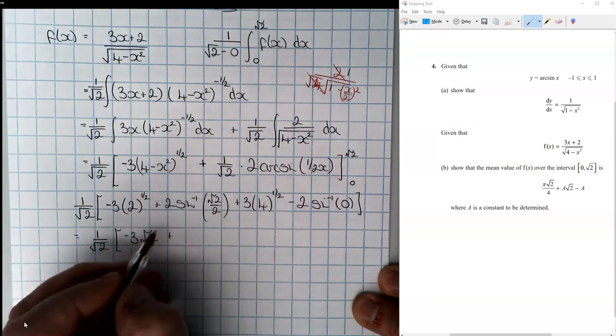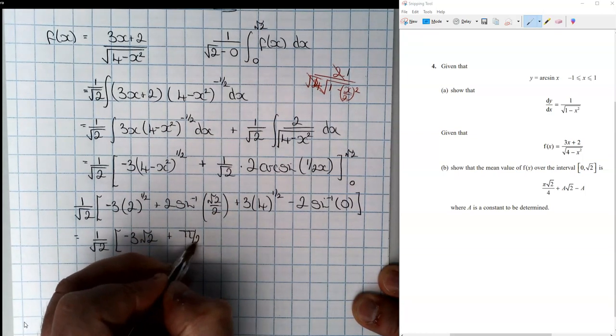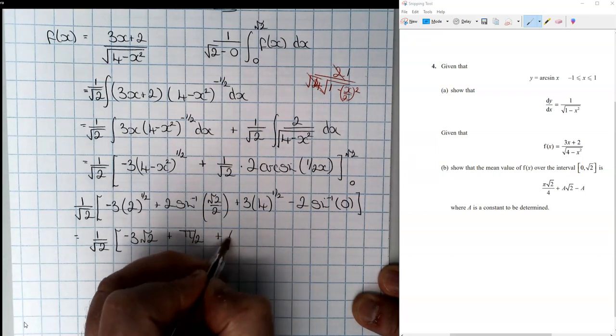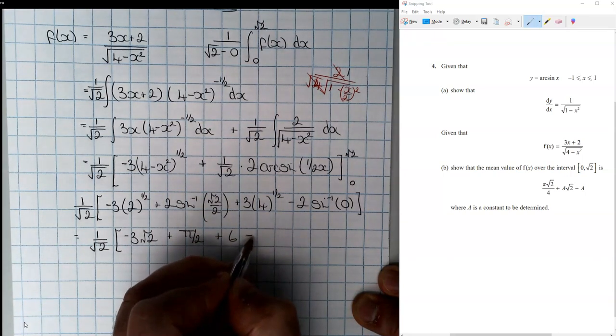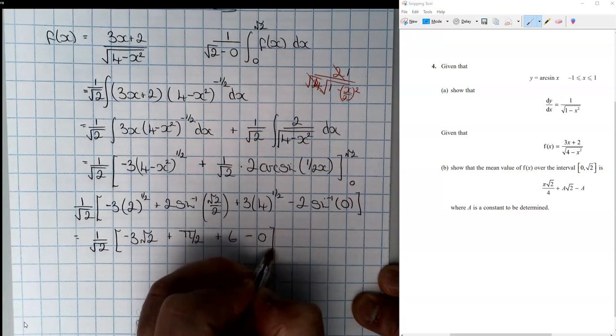Arc sine of that is pi by 4, so it's a pi by 2. That's 6. Arc sine of 0 is 0.